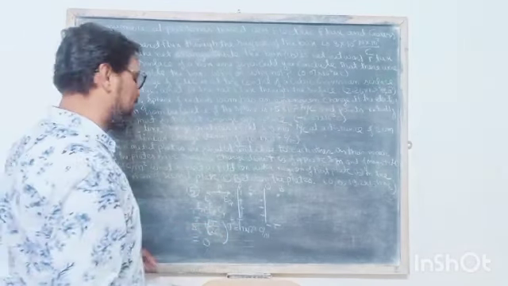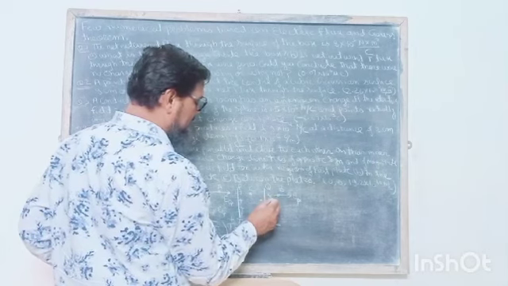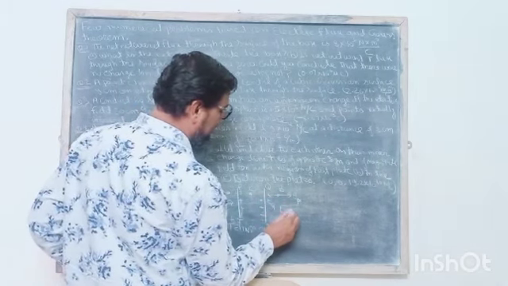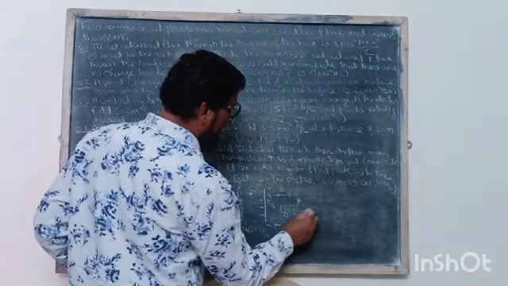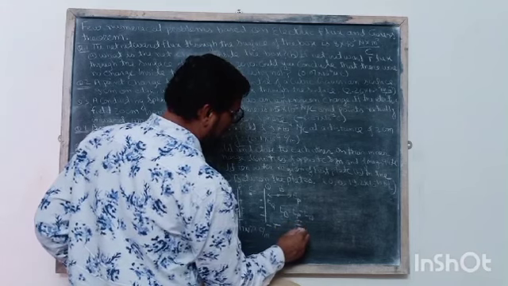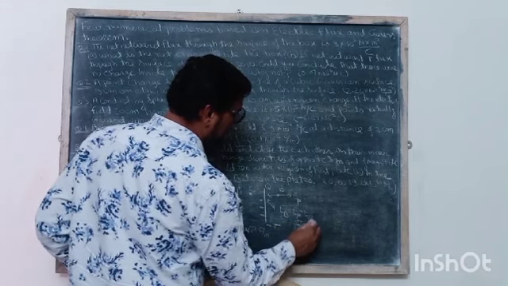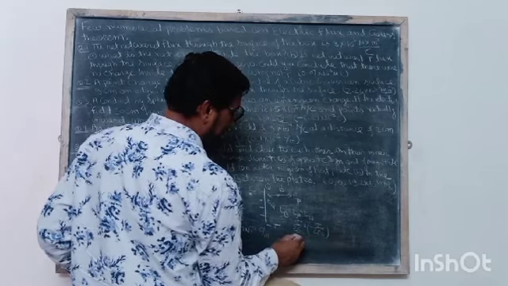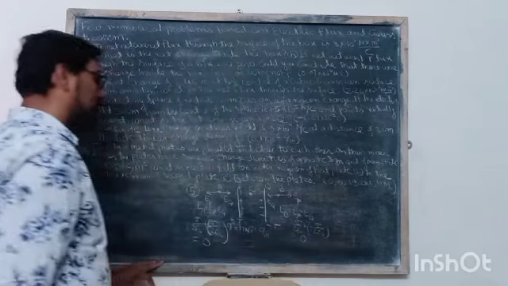Similarly, the direction of electric field intensity at point B outside the second plate is EP away from the plate, and EQ towards the plate, and the value of EB is equal to EP minus EQ, means sigma upon 2 epsilon naught plus minus sigma upon 2 epsilon naught, and the net electric field intensity will be equal to 0.